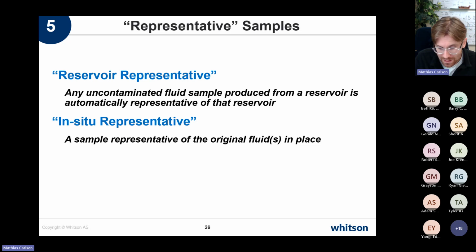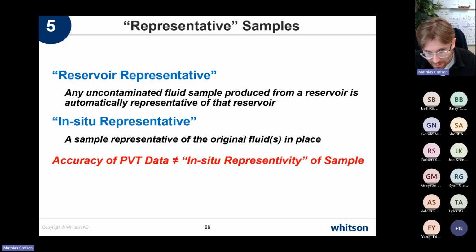But that's not right. And the accuracy of PVT data has nothing to really do with whether you are in situ representative or not. You can have an extremely in situ representative fluid sample, which means you sample before the GOR goes below the bubble point, but all the PVT data can be rubbish.